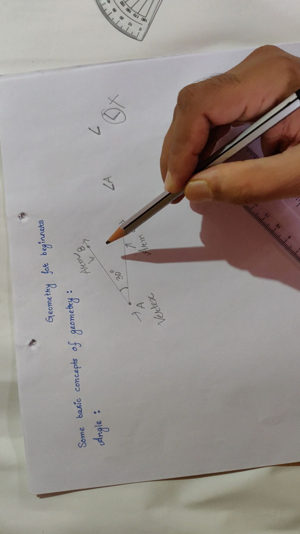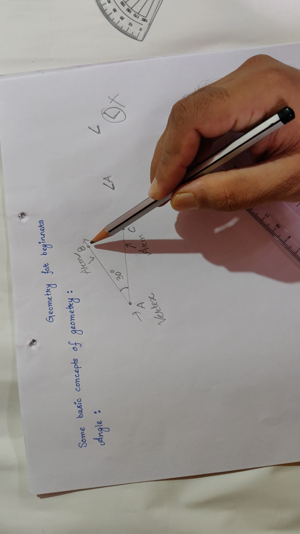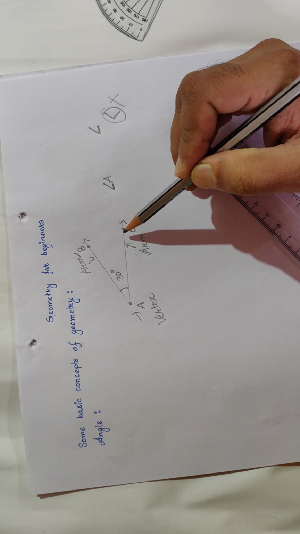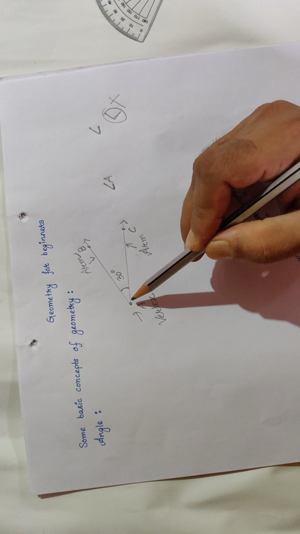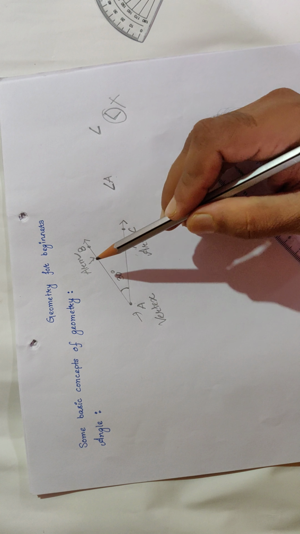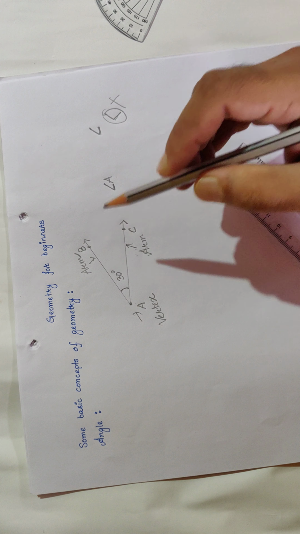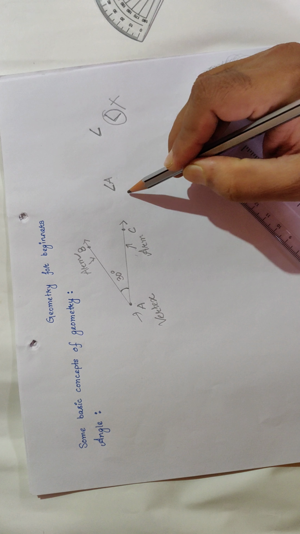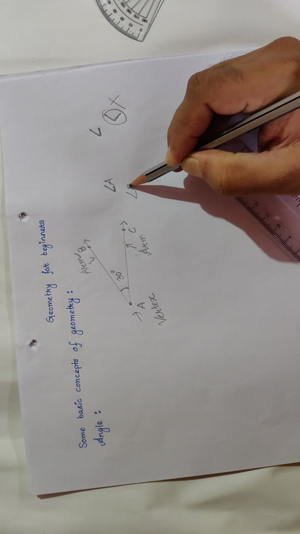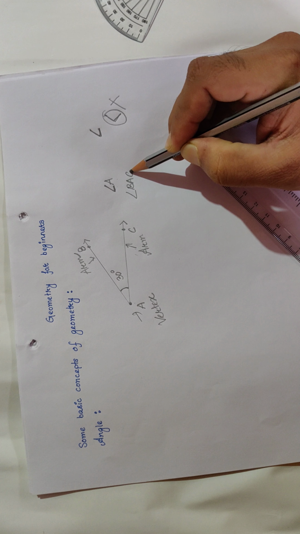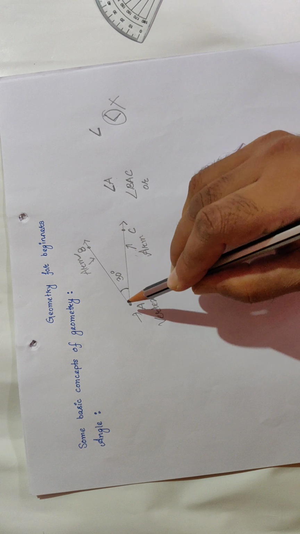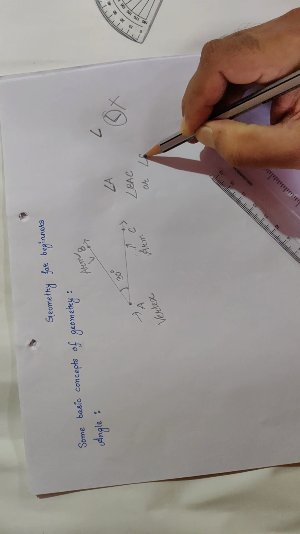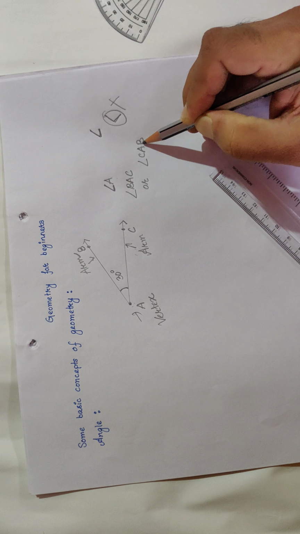Sometimes we can also give the name of the angle by using 3 letters, by keeping the vertex of the angle at the center of the other two letters. So we can write it as angle BAC, or we can write it also as angle CAB.